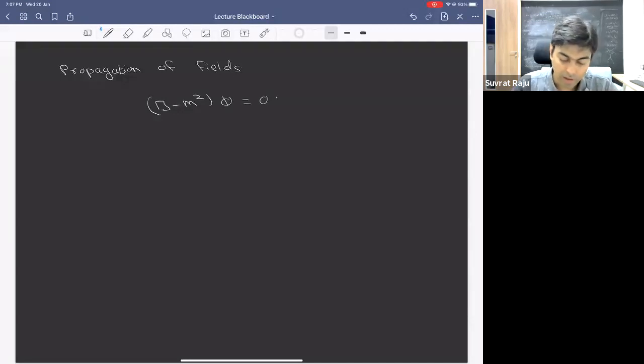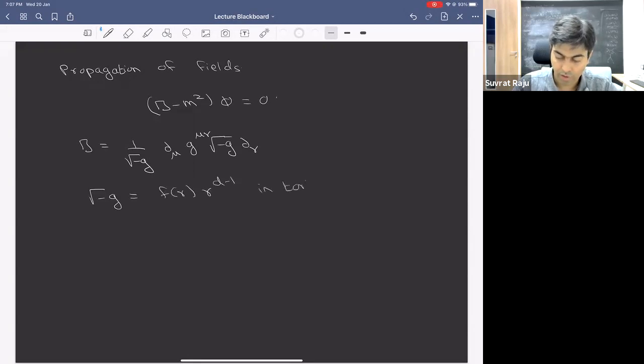So remember that this box is just 1 over square root of minus g, d mu of square root of minus g times d nu. And if we work out this Laplacian in tortoise coordinates, the square root of minus g is just f of r times r to the d minus 1.